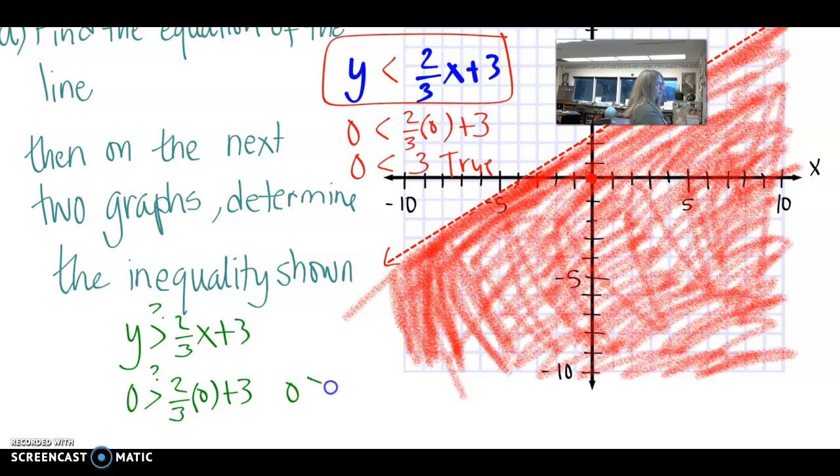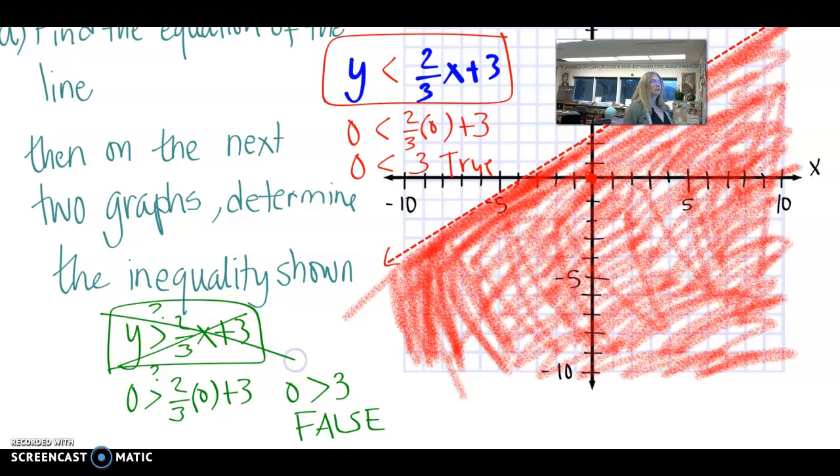Is 0 greater than 3? No, that is not true. That is false. So 0, 0 shouldn't be included if it's this inequality, but 0, 0 is included, so we know that that one doesn't work, and then you switch it to the other direction, and that does make it true, so we know that that is the correct answer right here.